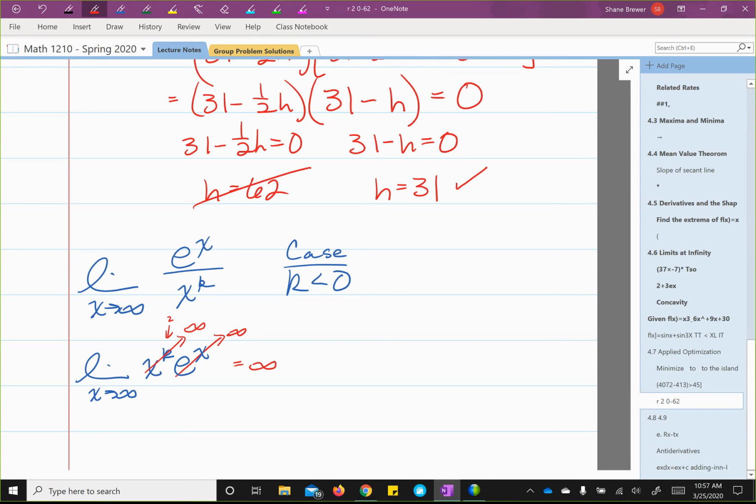But eventually, you're going to get down to just e to the x over k times k minus 1 times k minus 2 times k minus 3, all the way down, which is just a number. So it'll be e to the x over some number, and then you can evaluate it. Does that help?